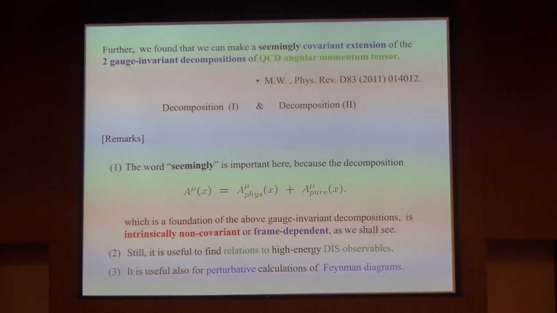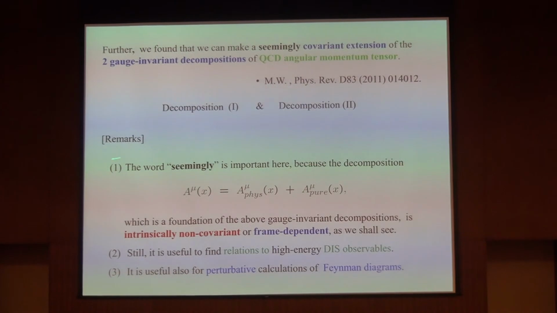Further, we found that we can make a seemingly covariant extension of the two gauge invariant decompositions of the QCD angular momentum tensor. And we called them decomposition 1 and decomposition 2.